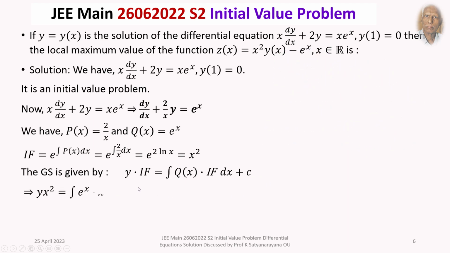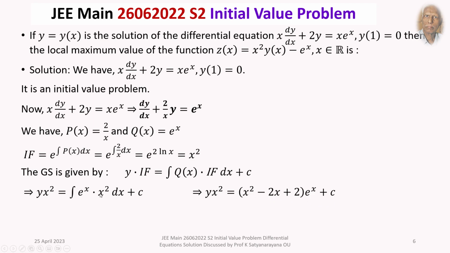So we obtain y into x square is equal to integral of e power x into x square dx plus c. So that means y x square is equal to, if you integrate this e power x into x square with respect to x, then you will get x square minus 2x plus 2 into e power x. That is the integral of this one, plus c. So how do we integrate this one?